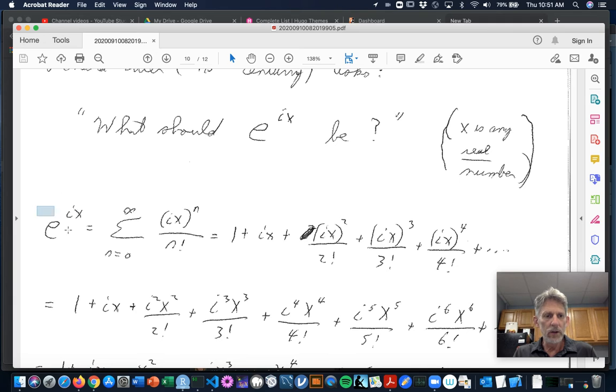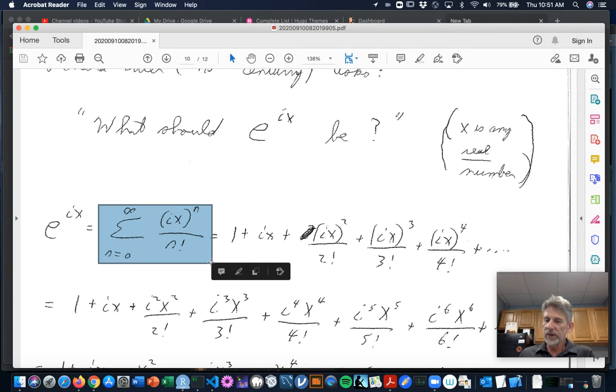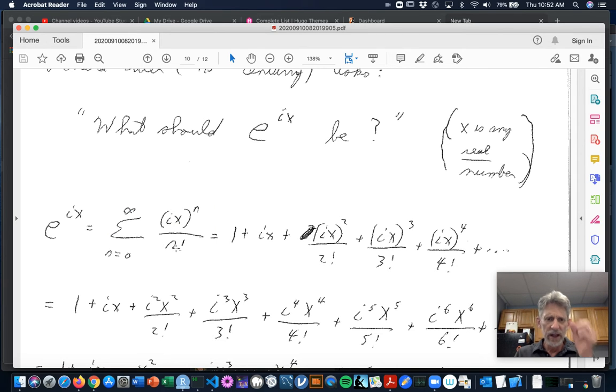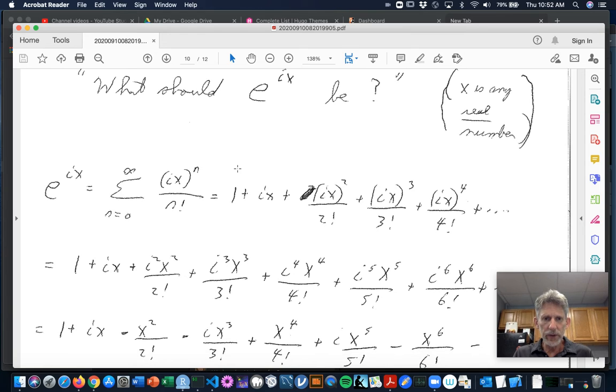So he says, well, e to the ix, the Maclaurin series for it should be what you get by plugging ix into wherever you saw an x in the Maclaurin series for e to the x. So writing that out, you have 1 plus ix plus (ix) squared over 2 factorial plus (ix) cubed over 3 factorial, and so on.